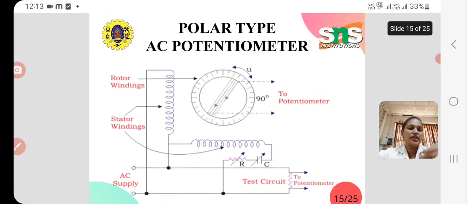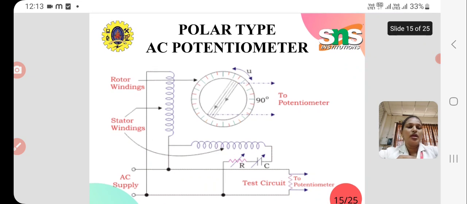We have two stator windings, so two fluxes will be produced, and these two fluxes will have a phase shift of 90 degrees, because we adjusted the phase shift by adjusting the R and C. Therefore the current I1 in the stator winding 1 will be I1 at an angle of 90 degrees to the current in stator winding 2.